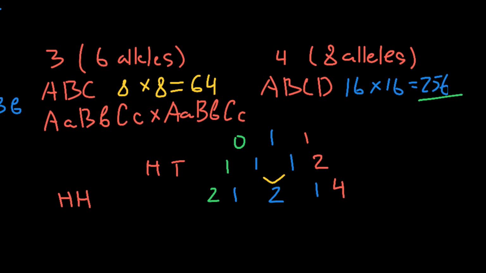Second variant, we may have heads and tails, and tails and heads. And the third combination would be 2 tails. So as you see, ratio would be 1 to 2 to 1, exactly what we see here.